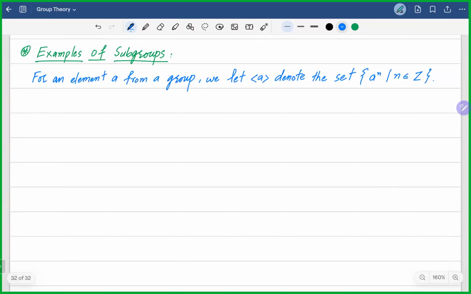In particular, observe that the exponents of a include all negative integers as well as 0 and the positive integers. a power 0 is defined to be the identity.